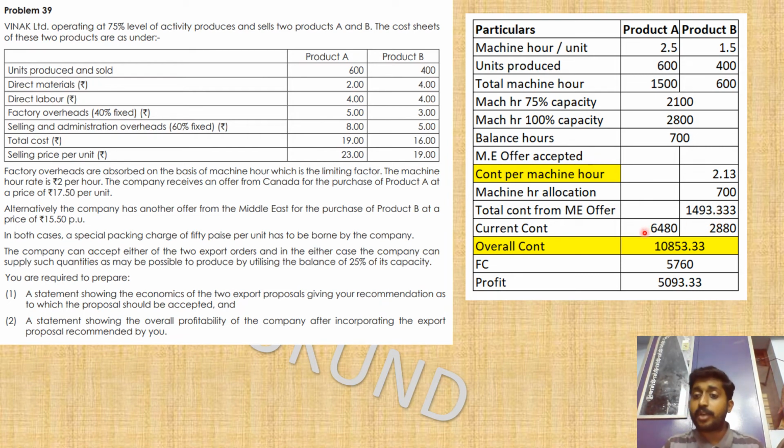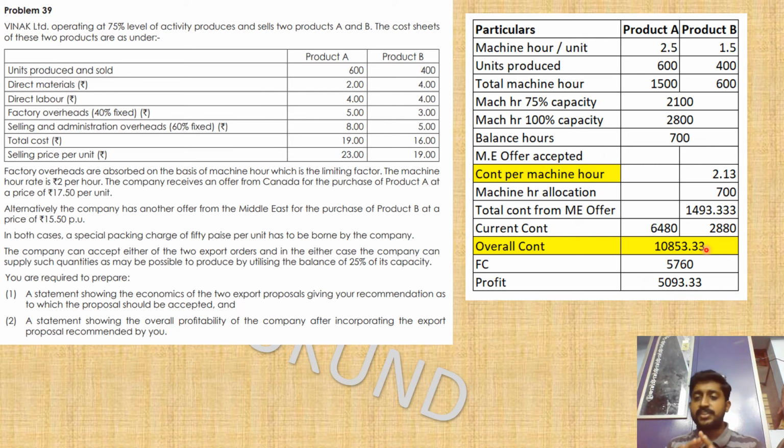What is the existing profit at 75% capacity from product A and product B? By selling 600 units of product A and 400 units of product B, we have already made a profit of 6,480 from product A and 2,880 from product B. Add 1,493 by serving the Middle East also to this, and the total contribution will come to 10,853.